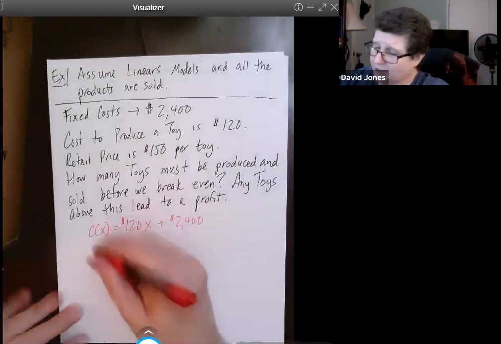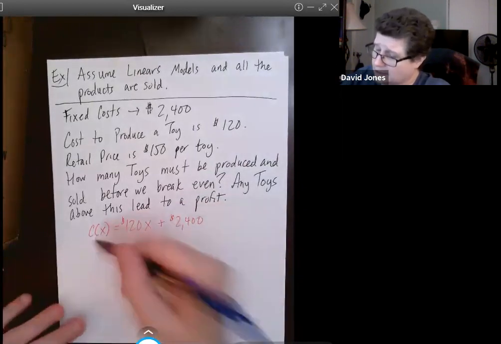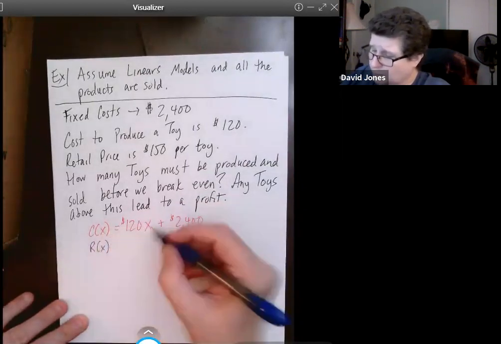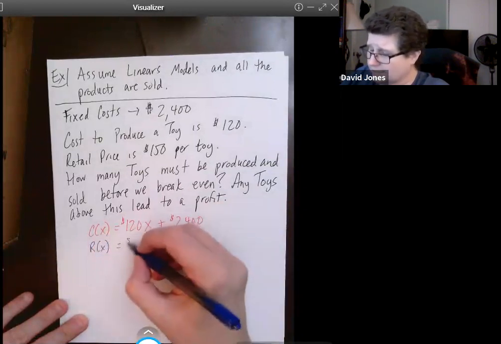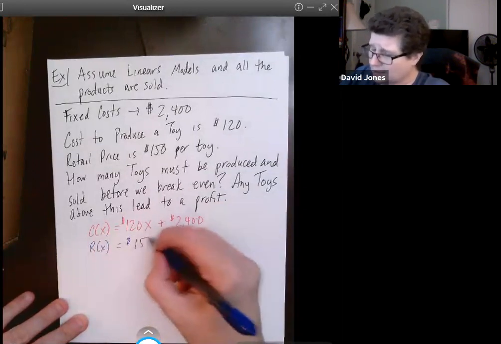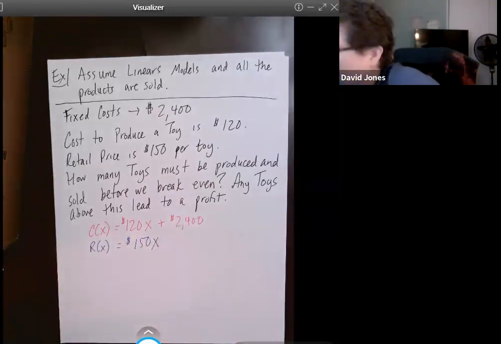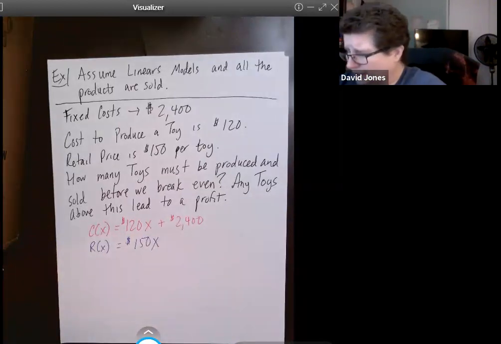Our revenue function is just the price times the number of toys. Retail price times the number of toys is 150 times X, because we sold everything we produced.